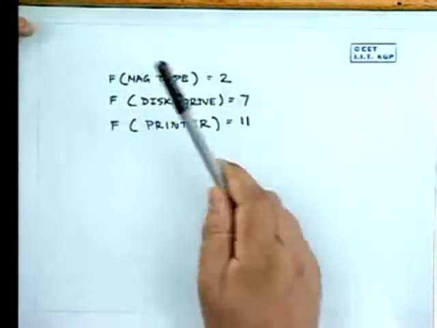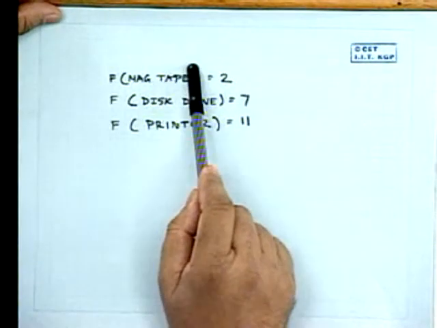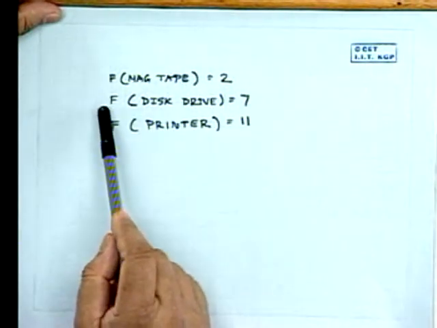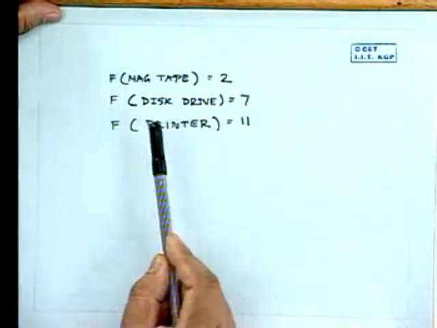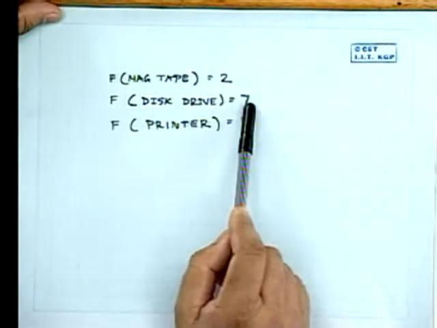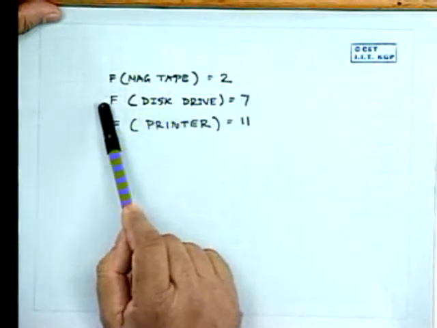Now, say a process requested magtape and got it. Now the process wants to get either disk drive or printer. If it requests disk drive, then since f of disk drive is 7, which is greater than f of magtape, this request can be made.